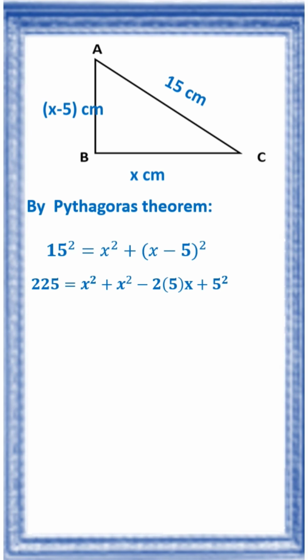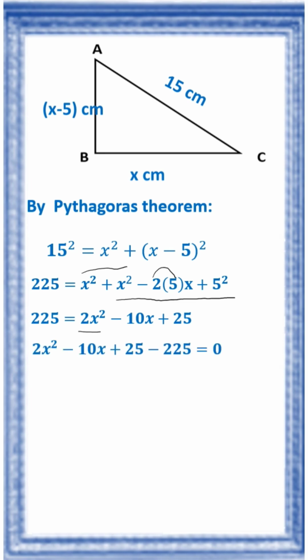Expand x minus 5 whole square by using a minus b whole square. So you will get x square minus 2 into 5x plus 5 square. So 225 is x square plus x square, 2x square minus 10x plus 25.